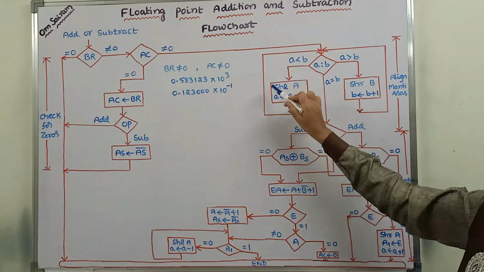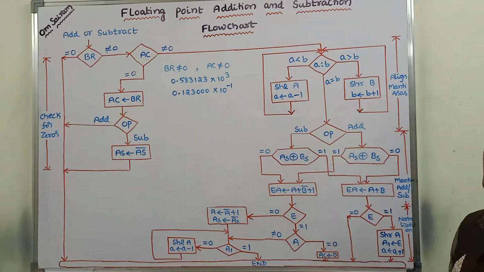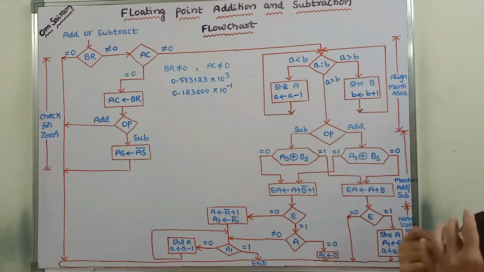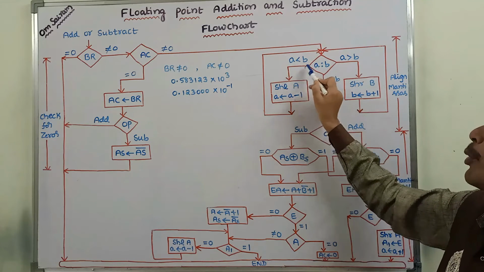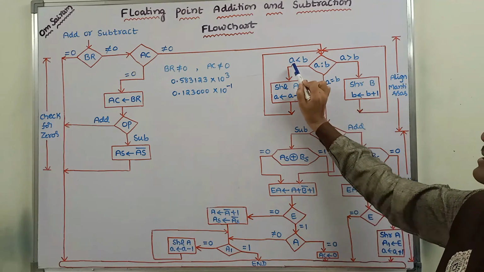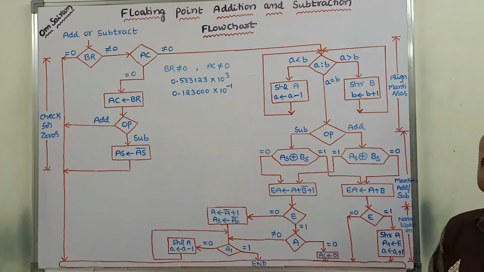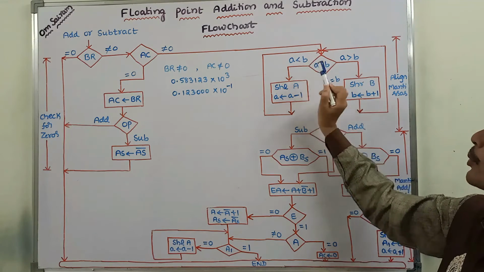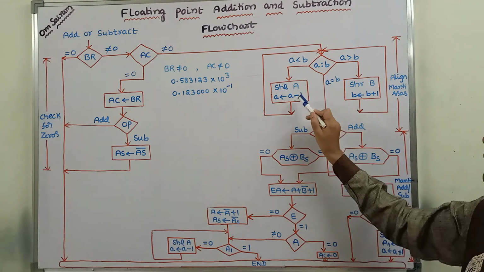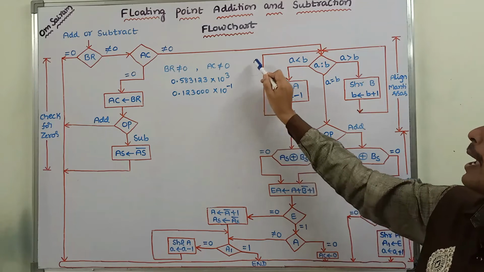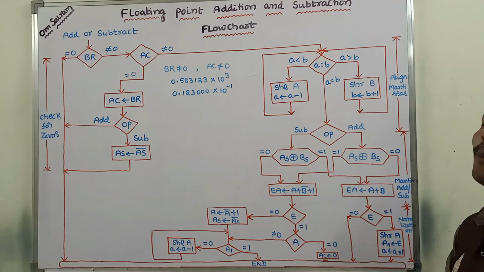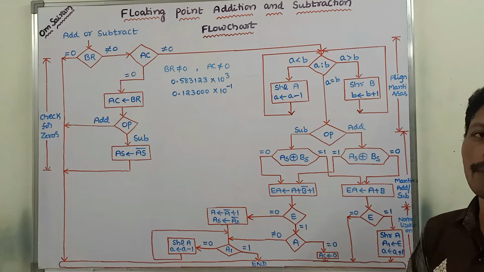After performing these two steps, again we have to repeat this step. Again we are checking the exponents of two floating point numbers. If A is less than B, if this condition is true, we are performing these two steps. After performing these two steps, again checking whether both exponents are equal or not.